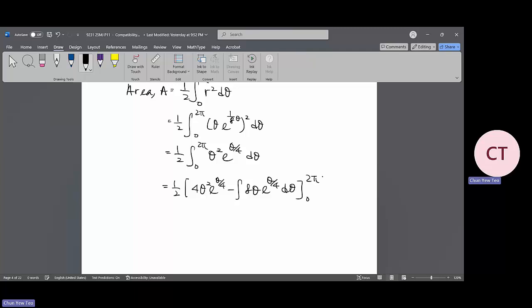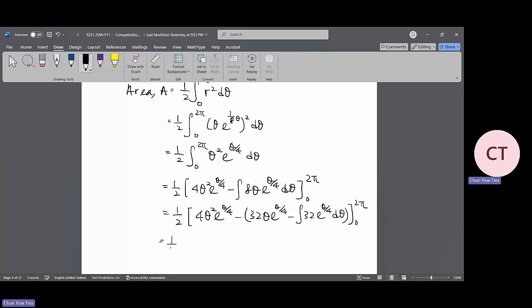I put the definite limits 0 to 2 pi later, after I finish doing the integration by parts. So I do one more time. This time I get minus 32 theta e power theta over 4 minus the integral of 32 e power theta over 4 d theta, 0 to 2 pi.